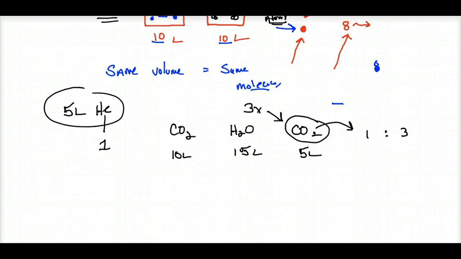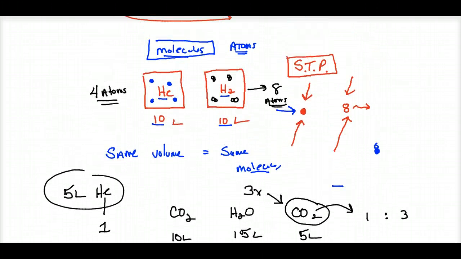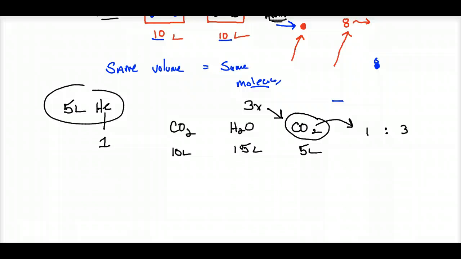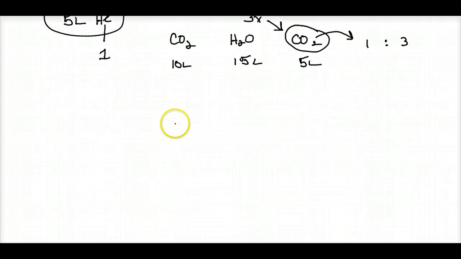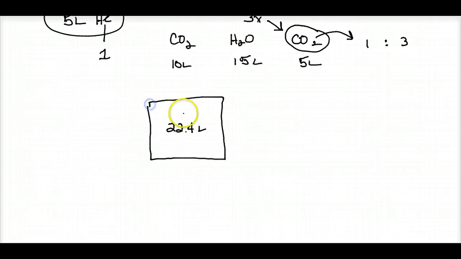Okay? Now, the mole was a way for us to describe a quantity of how many. So we decided that 22.4 liters was going to be the universal container at STP, because you have to keep temperature and pressure constant. So standard temperature and pressure was outlined in table A of your reference table. So we said that this was equal to 1 mole.